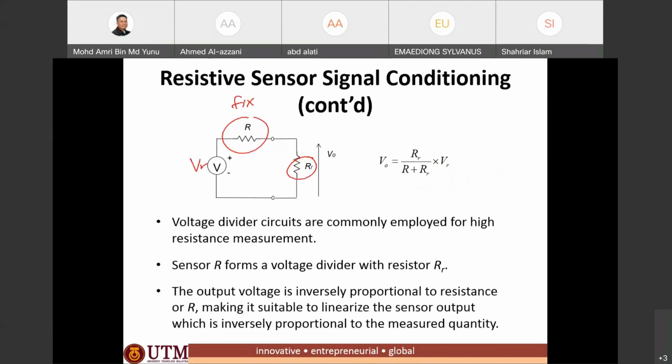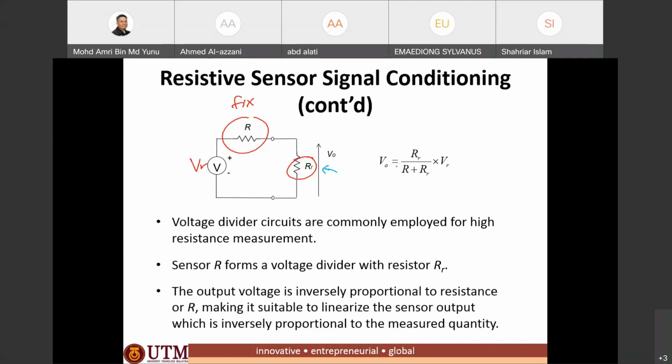This is an example. The voltage divider is one example that I show. This part can be your resistive sensor or transducer.